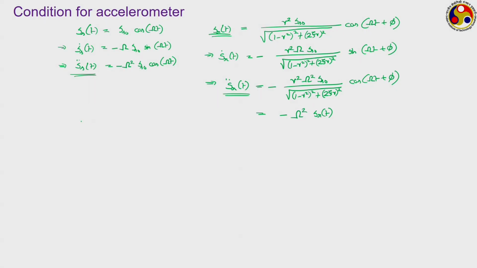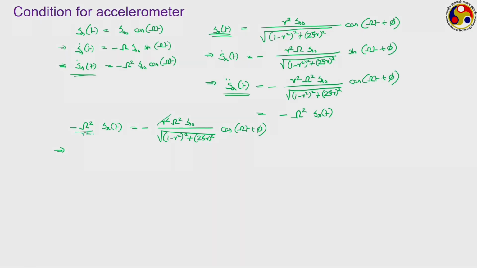So, if we compare this, the displacement omega square S_R(t) is equal to minus r square omega square S_S0 by root over (1 minus r square) whole square plus (2 zeta r) whole square, cos of omega t plus phi, and we divide everything by r square, that is we remove this r square.